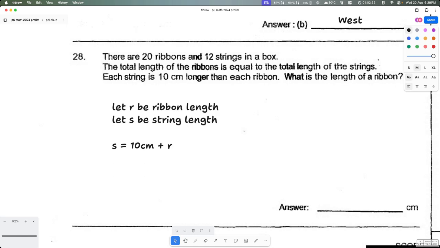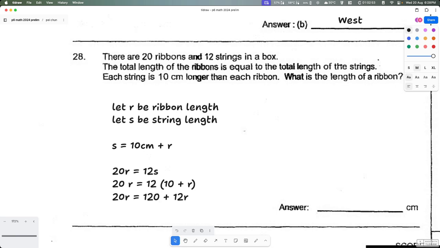So that means 20R is equal to 12S. So 20R is equal to 12 times 10 plus R, and then that means 20R is equal to 120 plus 12R.